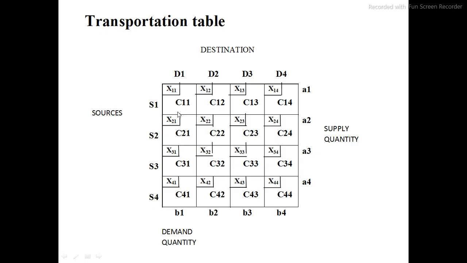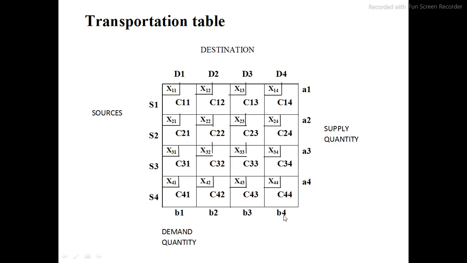Here the first row represents the supply quantity, the second row represents the second supply quantity, and the third and fourth rows likewise. These rows represent supply quantities. Similarly, the columns represent the demand quantities.